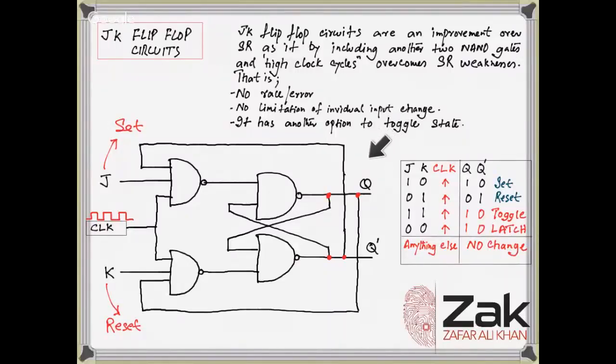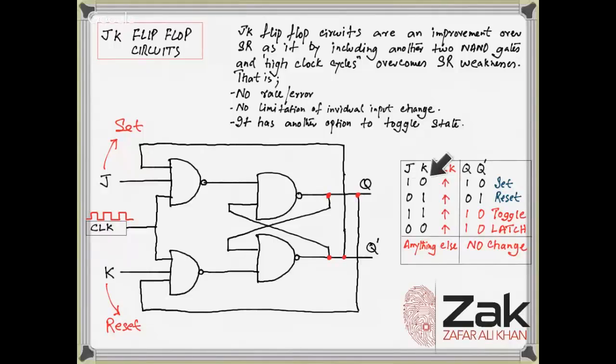Toggle the state means if it is retaining 0, it would become 1. Toggle it. So when the clock is high, only those 4 considerations are there. When the clock is low, we are not going to do anything because it is not changing. So J as in S set and K as in reset.